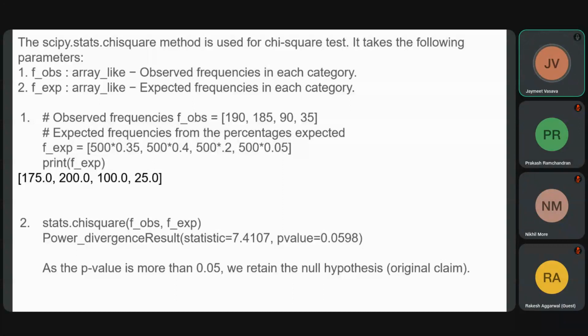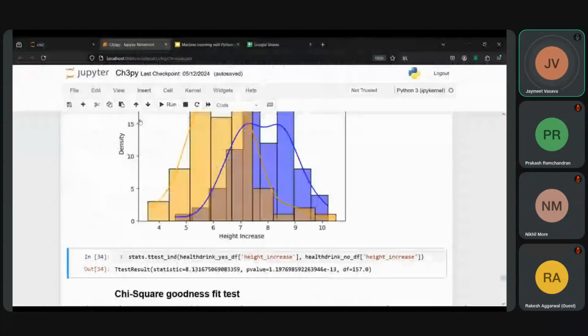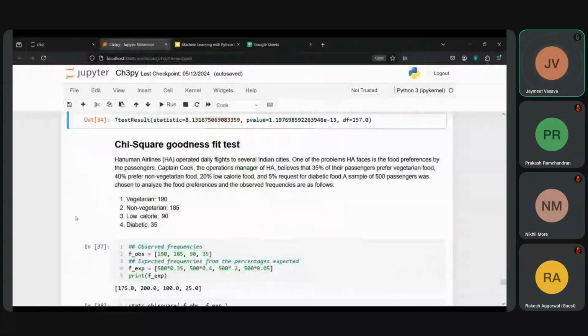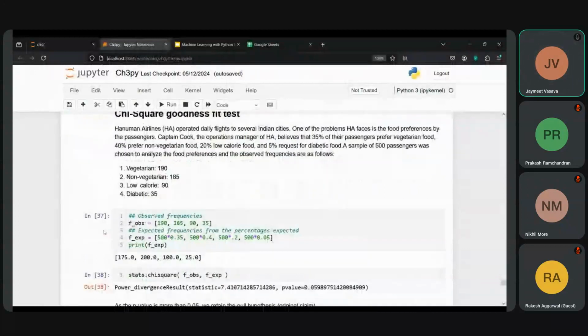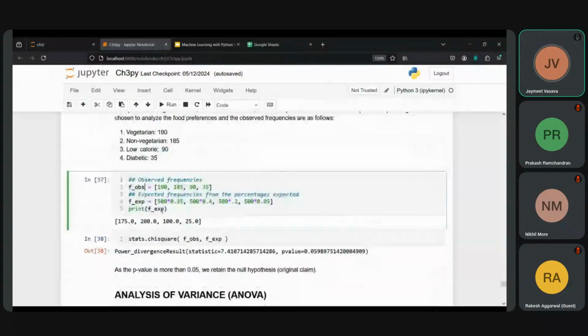Now carrying out the chi-square goodness of fit test for the observed and the expected frequency, we get the statistic value of 7.4 and the probability value of 0.059. This is the same kind of implementation as in the slides.